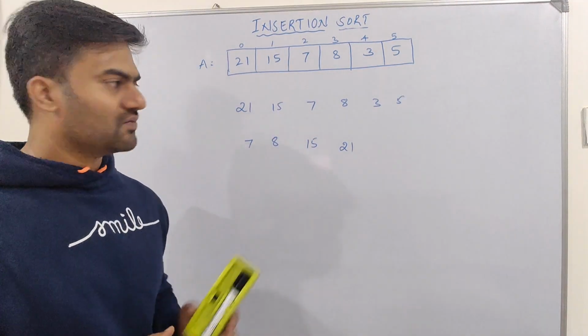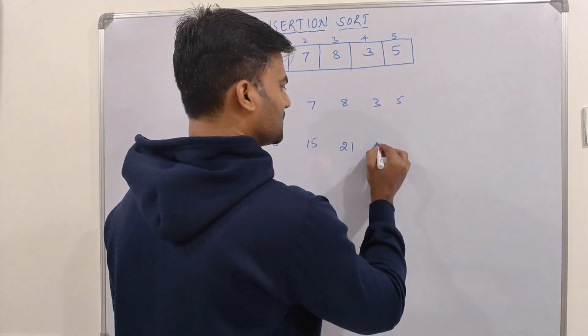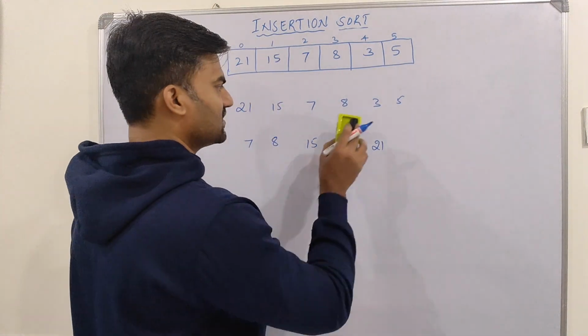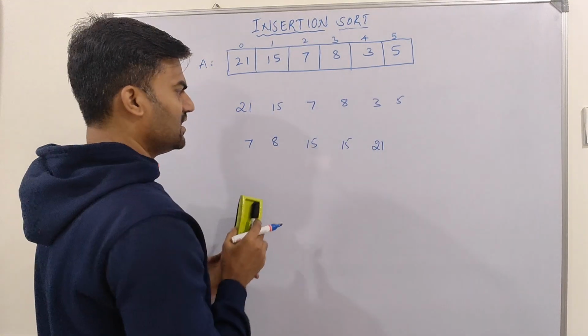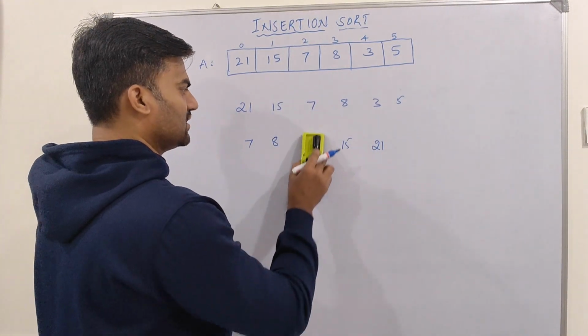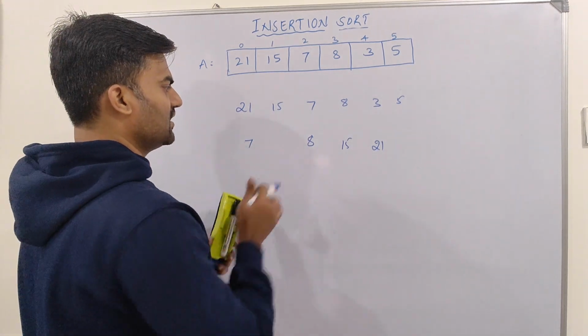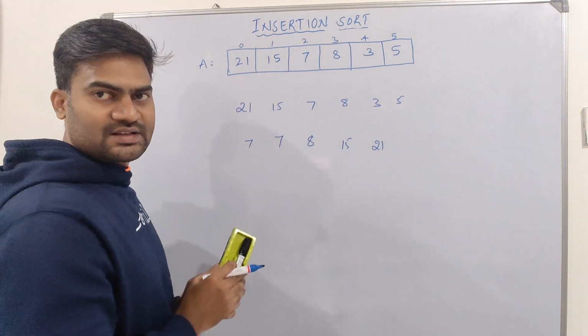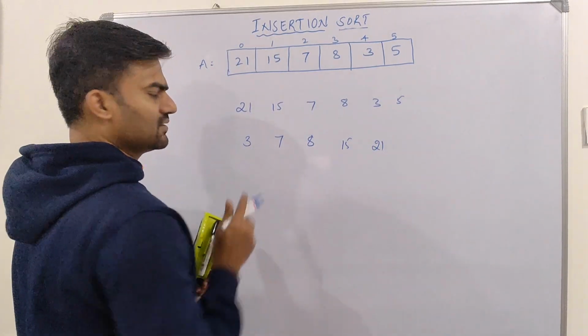So this is the correct position for 8. Now I will pick 3. 21 is greater, so I'll shift 21. Then 15 is still greater than 3, so I'll shift 15. 8 is greater than 3, so I'll shift 8. 7 is still greater, so I'll shift 7. There is nothing after 7, so I will simply place my 3 here.